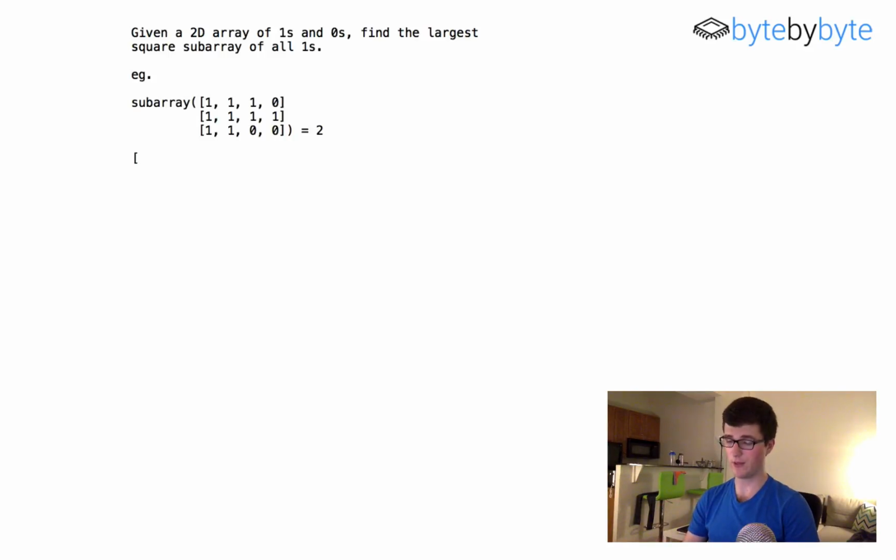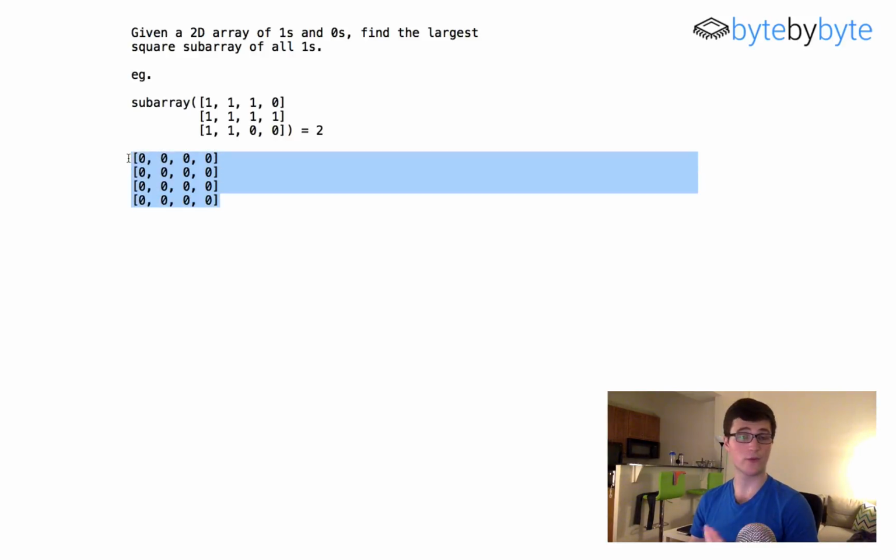So if we look at an example, just to get a sense for what the time complexity would be, and looking at a square matrix is going to make this a little easier. We're going to go through the largest possible subarray, of which there's going to be one of size 4, and then there are going to be 4 subarrays of size 3.